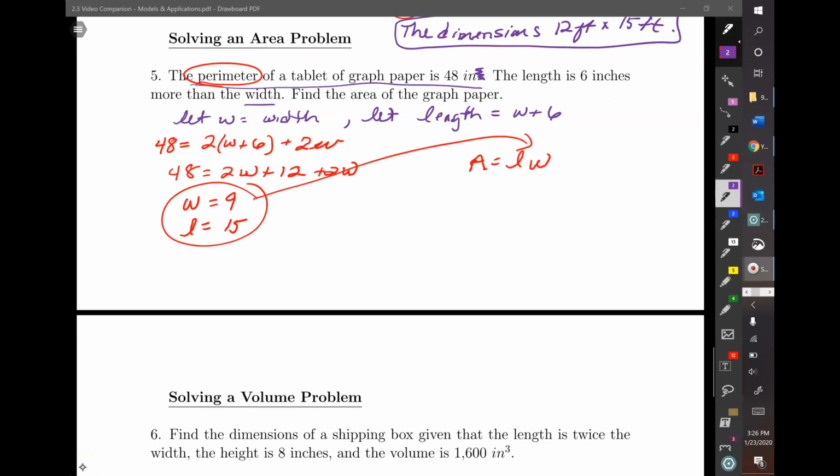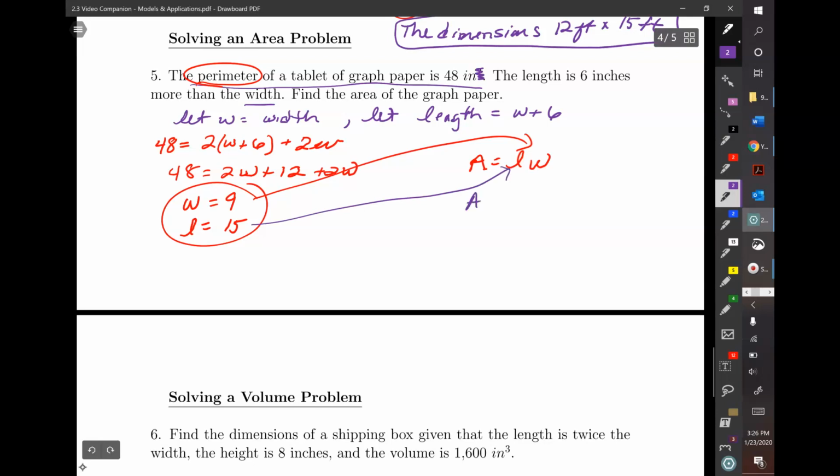Now, once I have the dimensions, I just went and distributed the 2 there. So I have 48 equals 2W plus 12 plus 2W. Then I combine like terms and solve. I get W equals 9 and length L equals 15. And I'm just going to plug those in for my variables in the area formula.